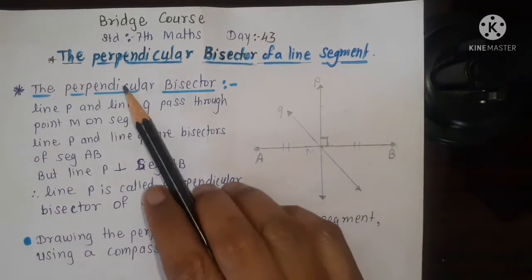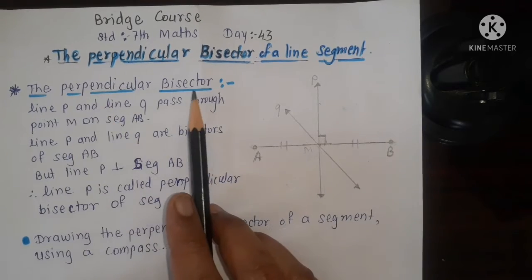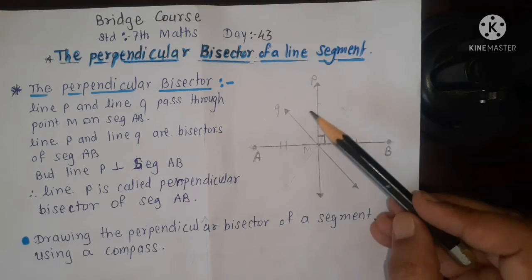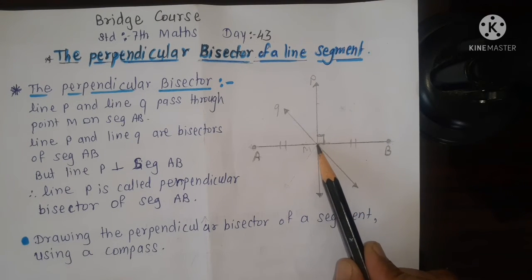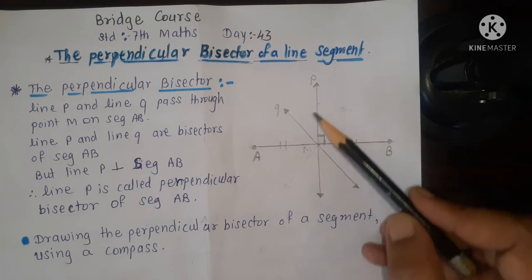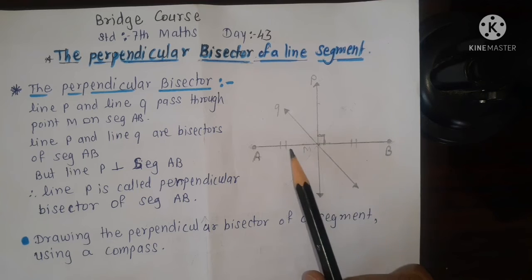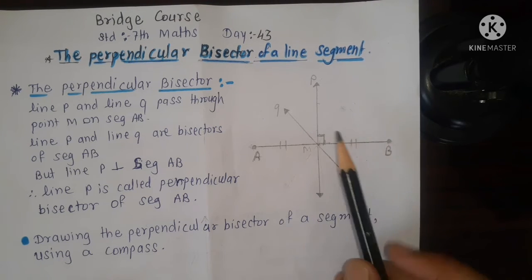Day 43. The perpendicular bisector of a line segment. The perpendicular bisector means, see this figure, line P and line Q pass through point M on segment AB. Line P and line Q are the bisectors of segment AB. Bisect means divide into two equal parts, AM and MB.